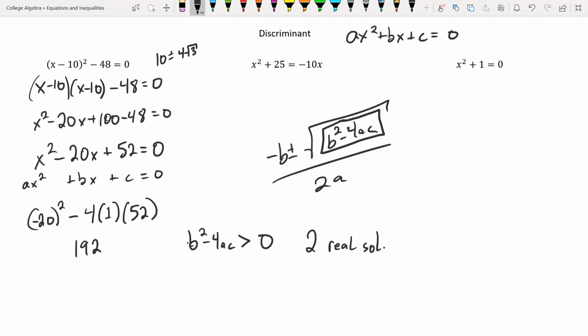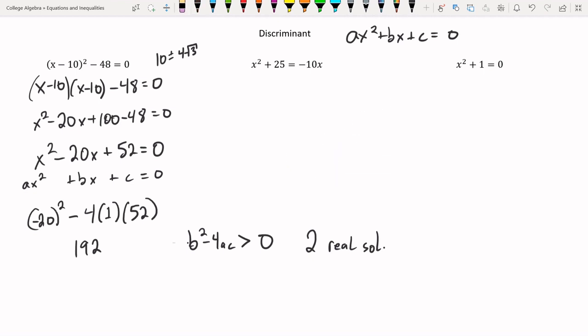And that is what we got. We have 192, so we get 2 real solutions. 10 plus 4 root 3 is a real number. It's on the real number line. And 10 minus 4 root 3 is also on the real number line. So that gave us a preview of what to expect.